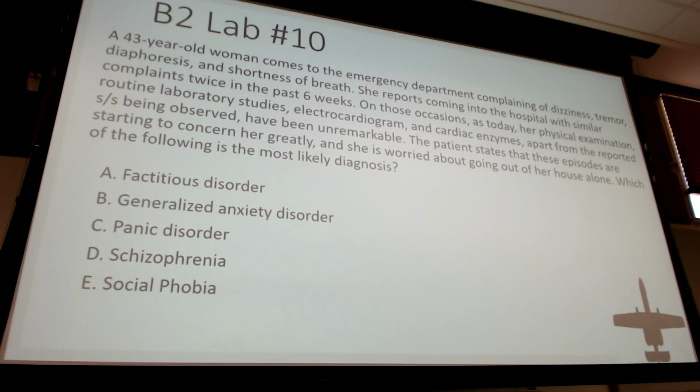On those occasions, as today, physical exam, routine labs, ECG, EKG, and cardiac enzymes, apart from the reported symptoms, have been unremarkable. What does that tell you? I know we haven't studied cardio or any of that. Any medics in here, when you look at EKG and cardiac enzymes, what does that rule out?